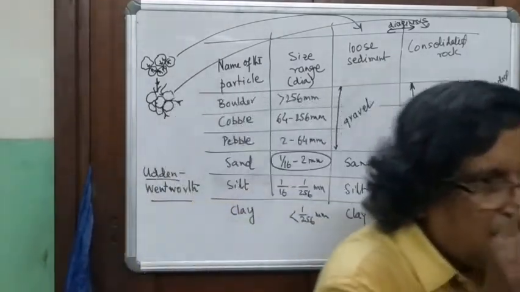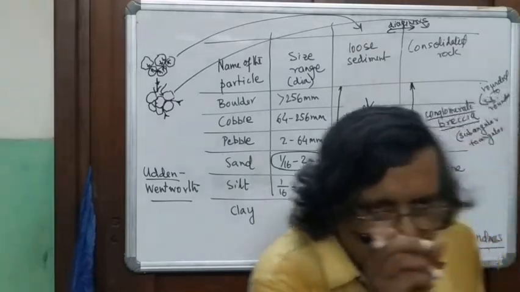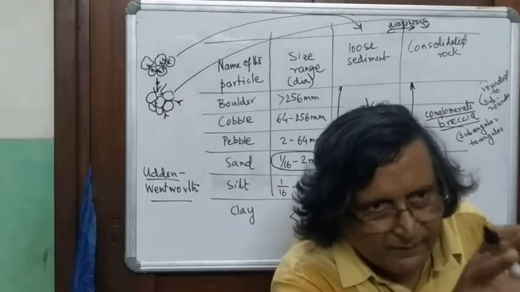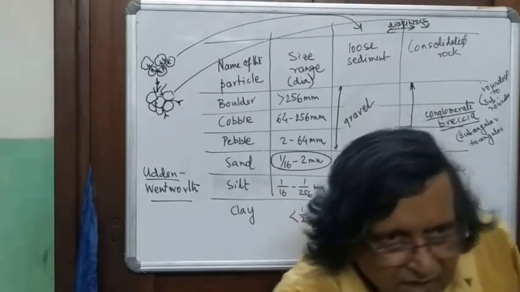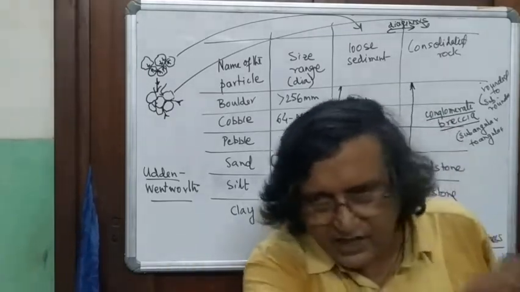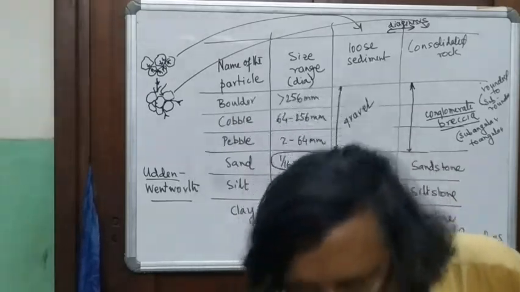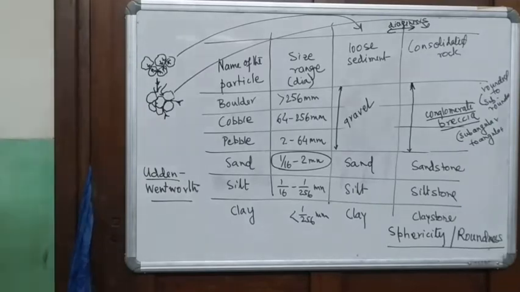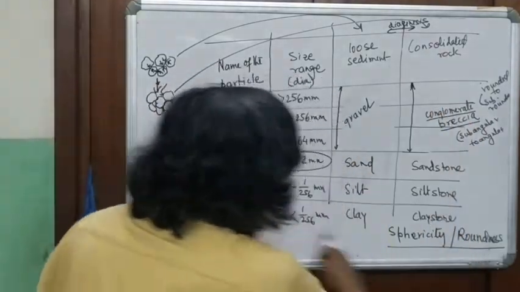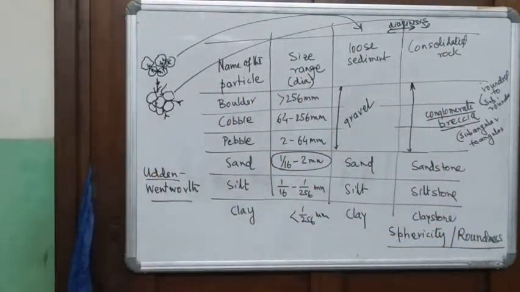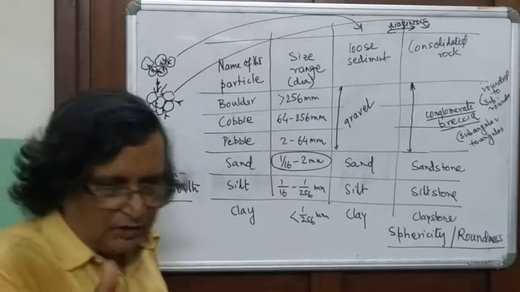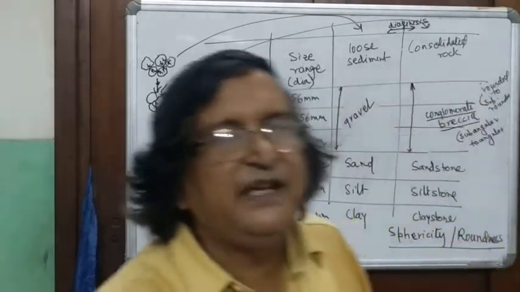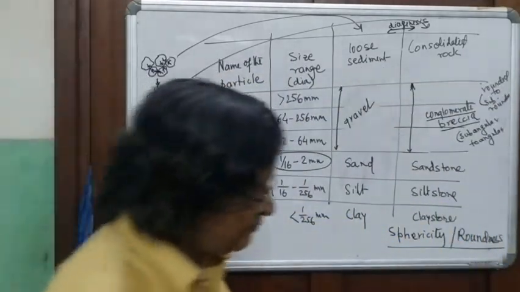Clasts are individual grains, rock fragments or different particles that are transported from the site of weathering to the site of deposition. Right. So now this is the Udden-Wentworth scale classification, not the full thing, but reduced and abbreviated to make it very general at your stage.